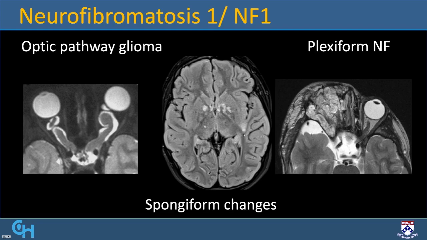The other features are also demonstrated here in NF1. You are seeing the bright T2 FLAIR signal of the spongiform changes, which are typically known to be hamartomas by histological classification. And you are also going to see, in many cases of neurofibromatosis 1, large plexiform neurofibromas, and also notice the associated sphenoid dysplasia in this case.